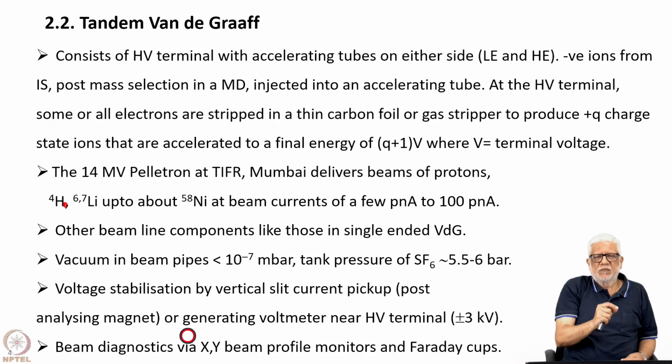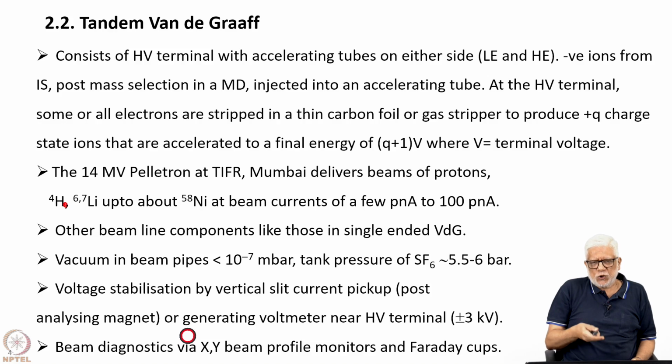So it's a very fine beam, usually of about a couple of millimeters. Some of the current is picked up by the vertical slits up and down, and then depending on whether the beam energy is somewhat higher, you can stabilize that by taking this pickup and giving a negative feedback to the charging system.